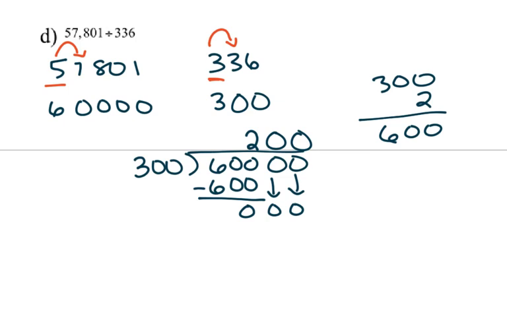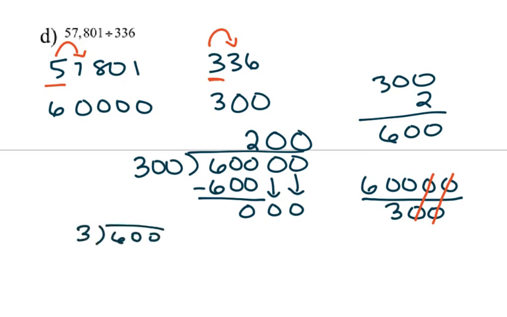Another way to do this with all of these zeros is to have 60,000 over top of the 300, and this is a quick method. We could cancel these zeros like this, and then just have 600 divided by 3, and 600 divided by 3 is 200.